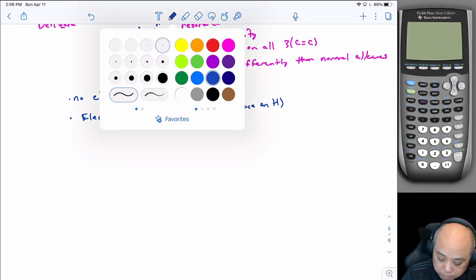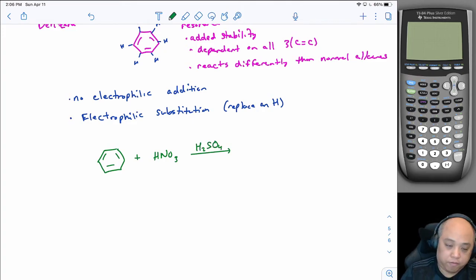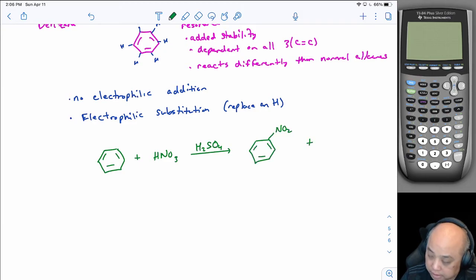And so you would see something like the nitration of benzene. Again, for SL you don't need to know the mechanics behind this, but the idea is that through this process, instead of having an H on one of the carbons, you'll have an NO2 group.